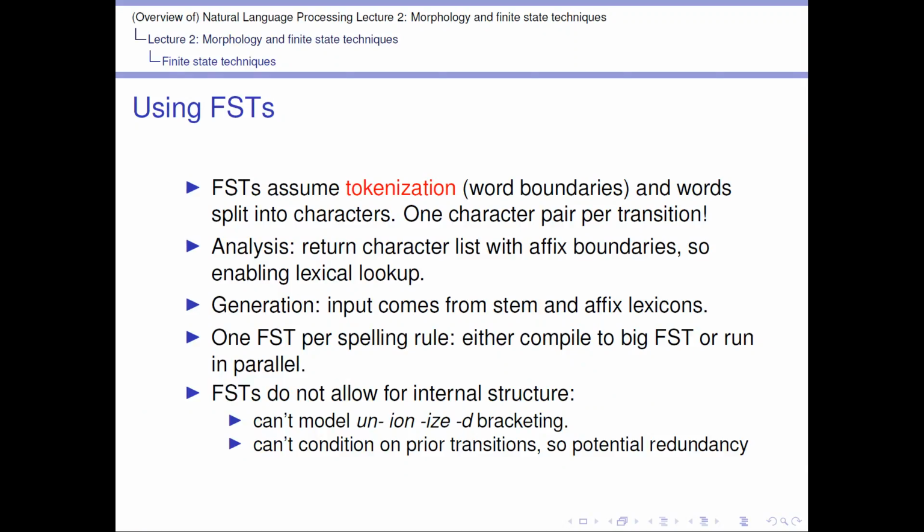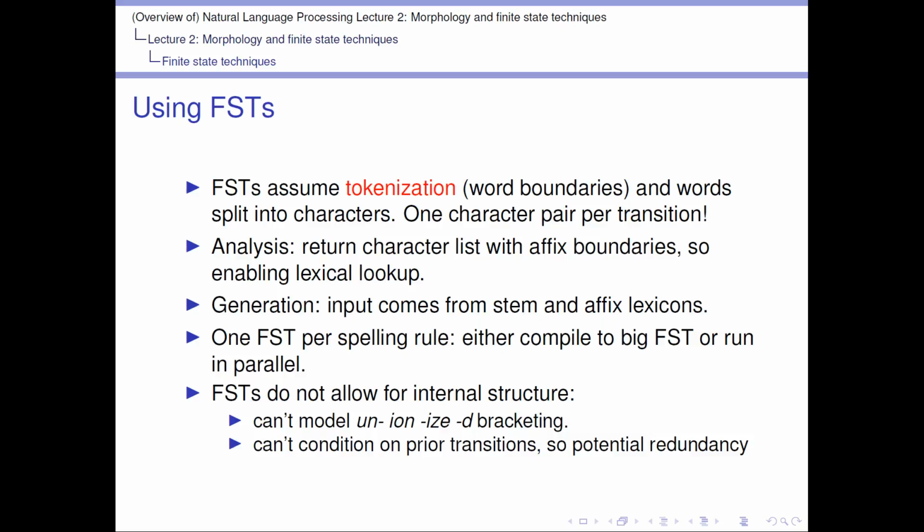And if we look at it the other way around, we can do some generation. What you actually might think of ending up doing is you can think of it as there being two finite state machines that are involved. If you have something like boxes, you can imagine taking the boxes, getting to box affix S, like we just did, and then having another finite state transducer that says, okay, this is a stem plus an ED.